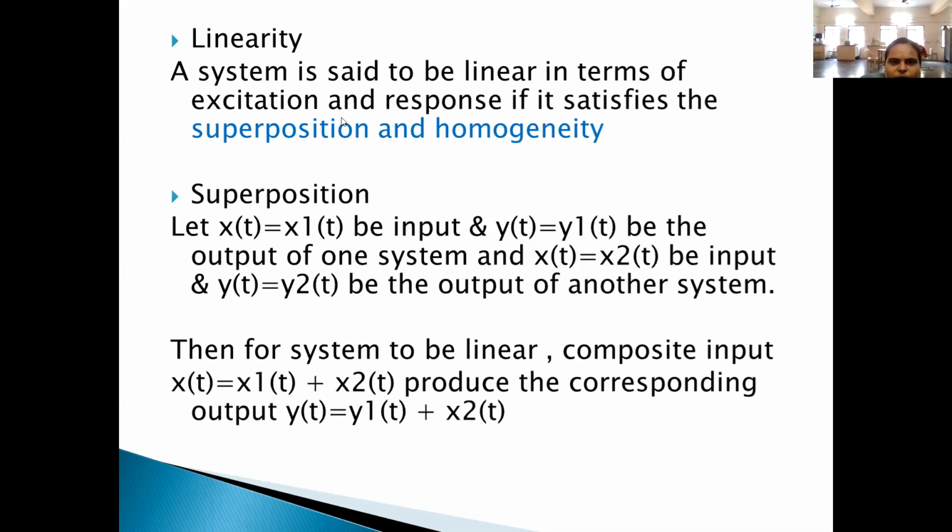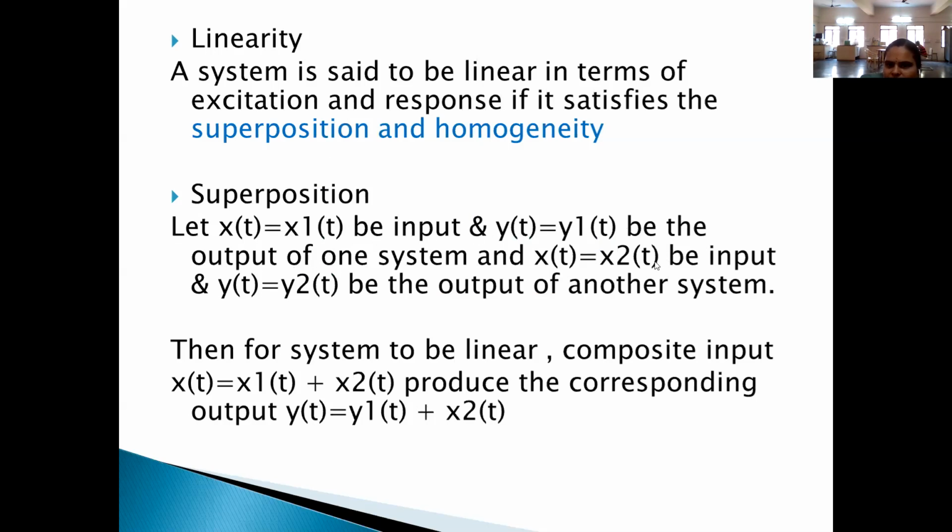A system is said to be linear in terms of excitation and response if it satisfies two conditions, that is superposition and homogeneity. For superposition, let x of t equals x1 of t, with output y of t equals y1 of t, that is one system output.